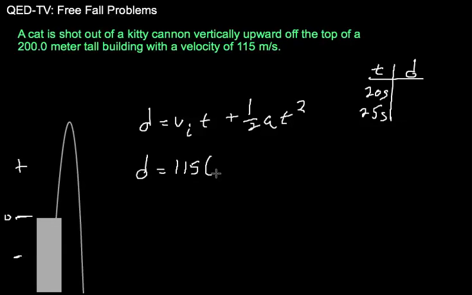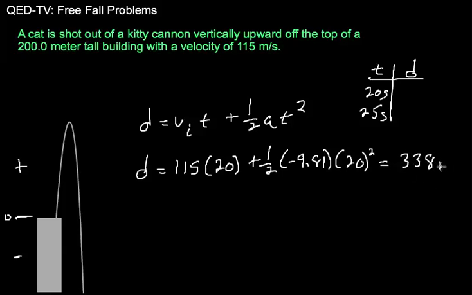And the time I'm trying to look at is 20 seconds later, plus 1/2 negative 9.81. And the time was 20 squared. And so I can just plug all that into the calculator. It's nice and easy. And my displacement is 338 meters.